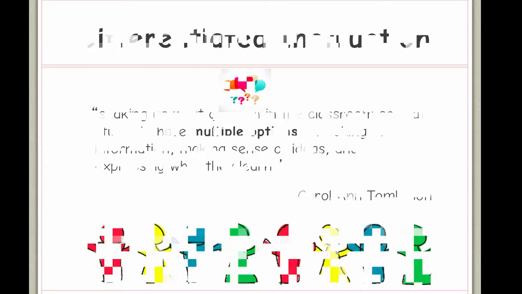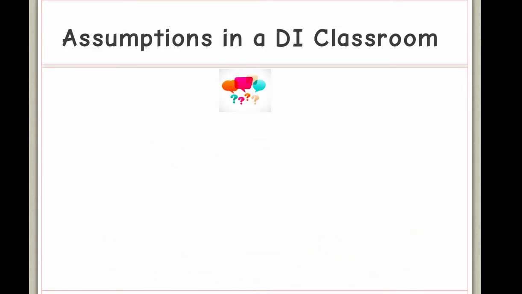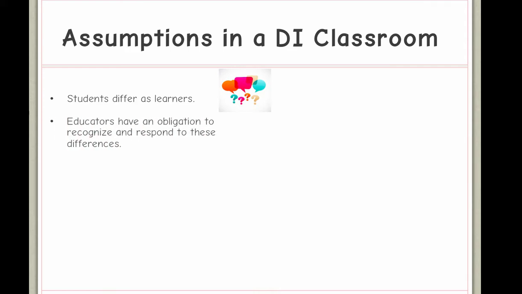So there are certain assumptions that go on in a differentiated classroom. The idea that students differ as learners. We don't all learn the same. I think we've addressed this very much this semester. The idea that educators have an obligation to recognize and respond to these differences.